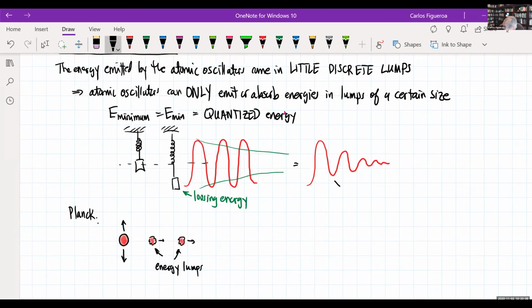Here, you see this smooth transition as the oscillator's losing energy. Here, this being my atomic oscillator, there's nothing smooth about this. You're getting these discrete minimums, and each of these carries a minimum amount of energy.